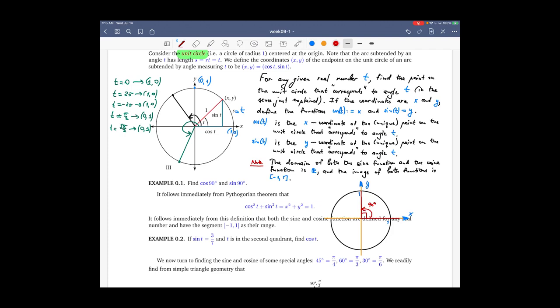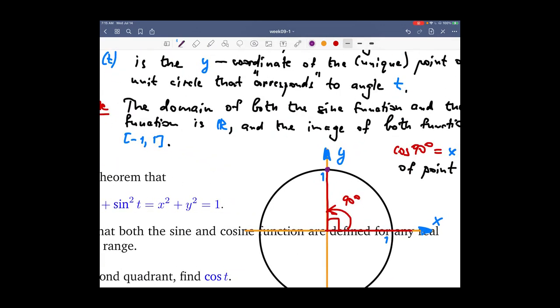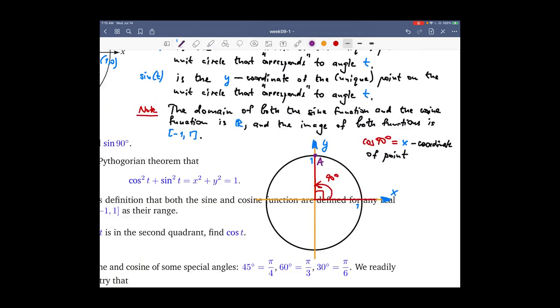And by definition, cosine of 90 degrees is the x coordinate of this point. Let's call it A. And of course, the x-coordinate of point A is 0, because that point is on the y-axis.